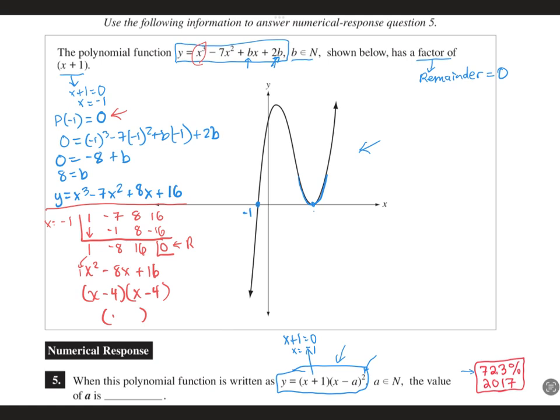Which means you could write that as x minus 4 squared, and if you take that other factor, x plus 1, that is that polynomial completely factored. And if you compare that, the value of a would have to be 4. And that's your answer.